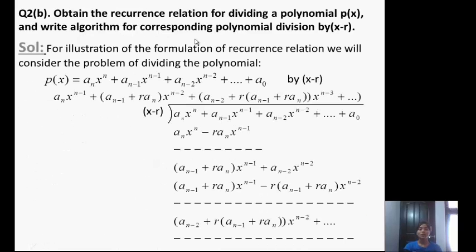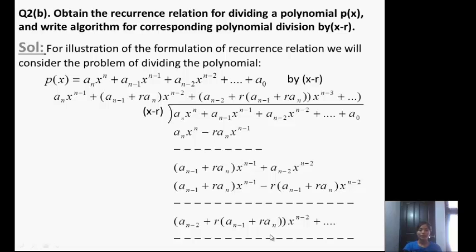Now our next question is to obtain the recurrence relations for dividing a polynomial p(x) and write an algorithm for the corresponding polynomial division by x minus r. So we have to divide our polynomial by x minus r. So here is our polynomial, and we have to divide it by x minus r. We can see our first term is an x to the power n.